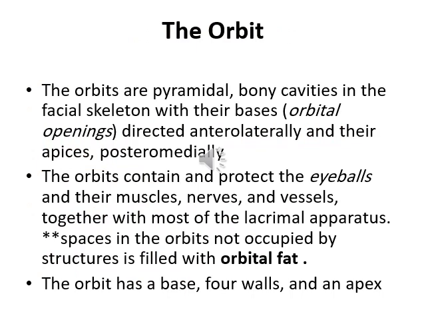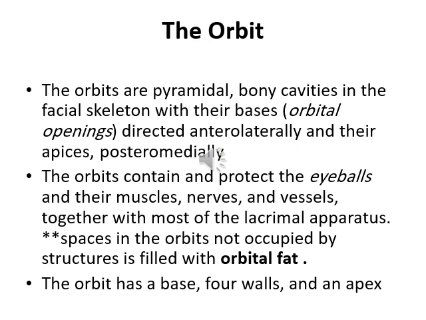The bony orbits are pyramidal bony cavities on either side of the facial skeleton. Each orbit is made up of 4 walls and an apex. The apex is located posteriorly, the 4 walls are superior, inferior, medial, and lateral, and the base is the anterior part.